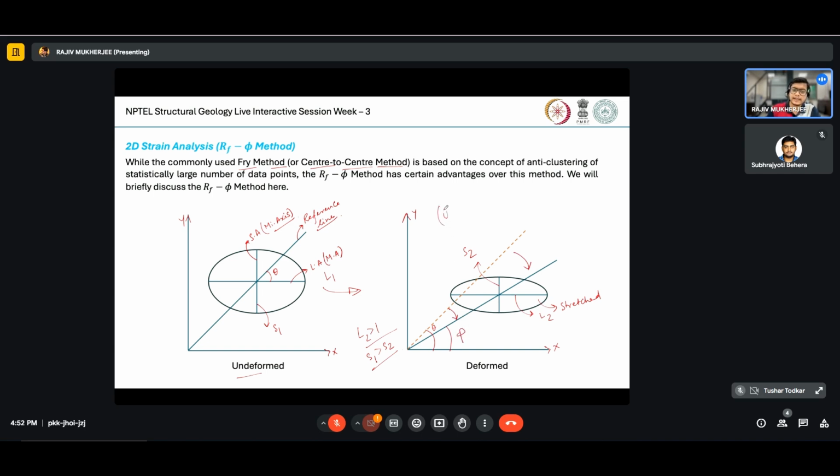So theta minus phi is the amount of rotation imposed into the system during deformation.